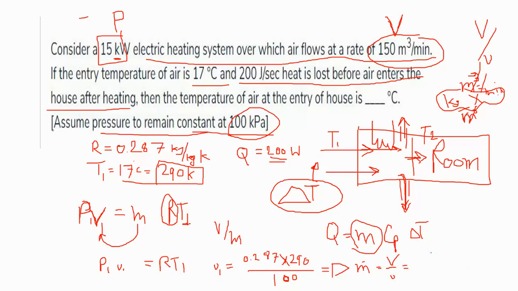Here the total volume is 150, specific volume is 0.287 into 290 upon 100. When you solve this, you will get 180 kg per minute. I'm writing on a new page. So we'll get mass flow rate 180 kg per minute.